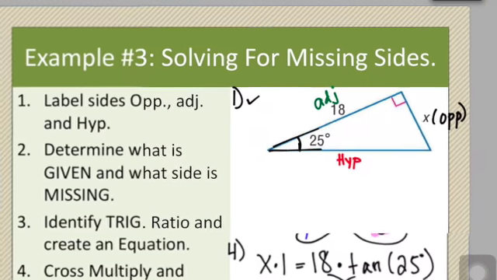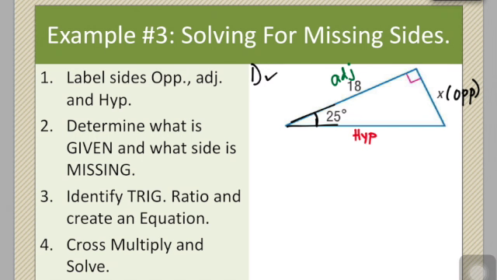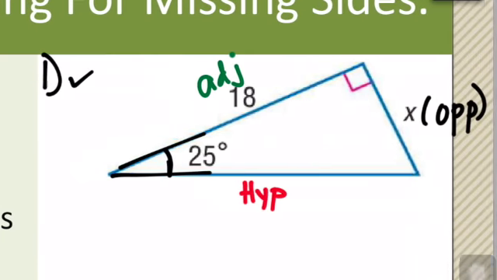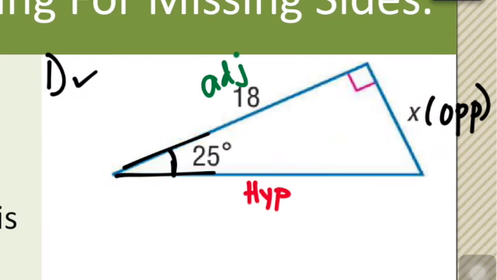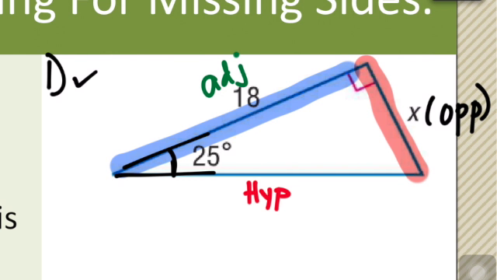Now let's go to the next step, which says determine what is given and what side is missing. At this point we just want to figure out what information they gave us and what we need to find. What we're looking for is this side x, and what we're given is this side, the 18.